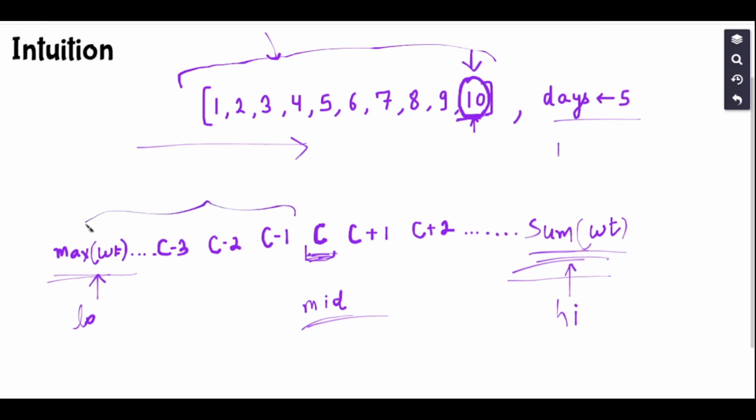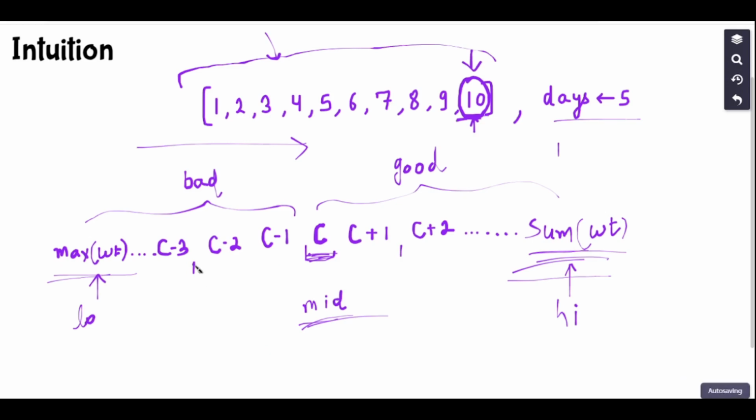If it lies on this side or on this side, I would say these are bad capacities, because we can't use these ships, and these are good capacities. Now check if mid lies towards the bad side or the good side.